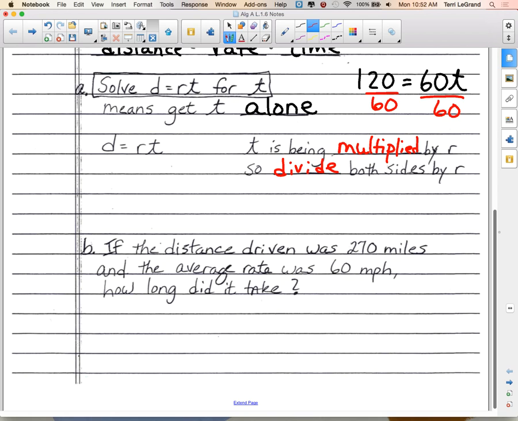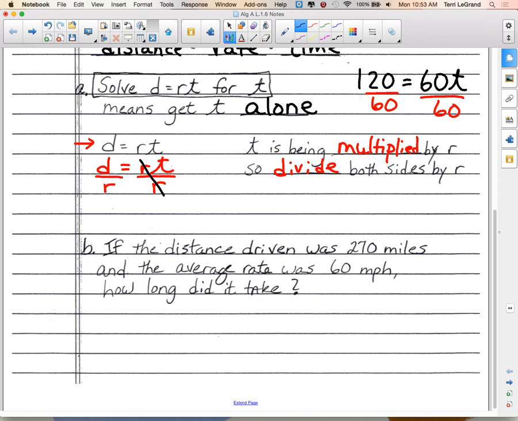T is being multiplied, so I want you to write D equals RT again. Write it down again. So this is how it started. This is us showing our work now. We're going to divide both sides by R because T, the variable we want by itself, is being multiplied by R. So these R's will cancel out.